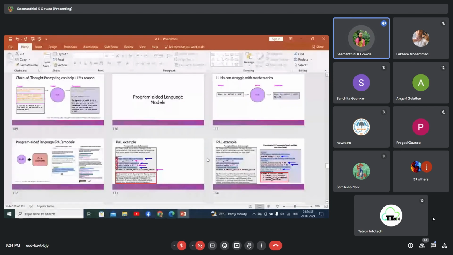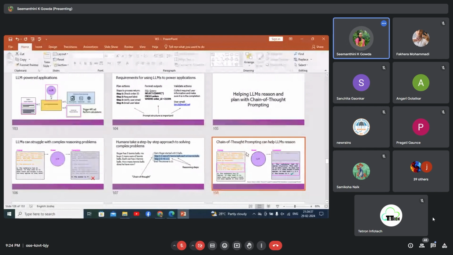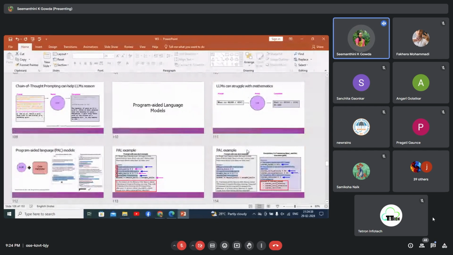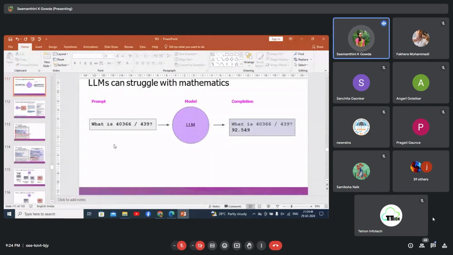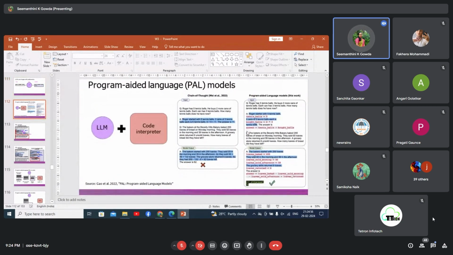And in some cases, we use the concept of chain of thought for generating the data. And in some cases, we implement PAL, in the sense, we use the concepts of program-aided language models. For example, what is the division of this? It should provide some value, but it is giving 92.549, which is wrong. In such cases, we implement code along with the LLM.